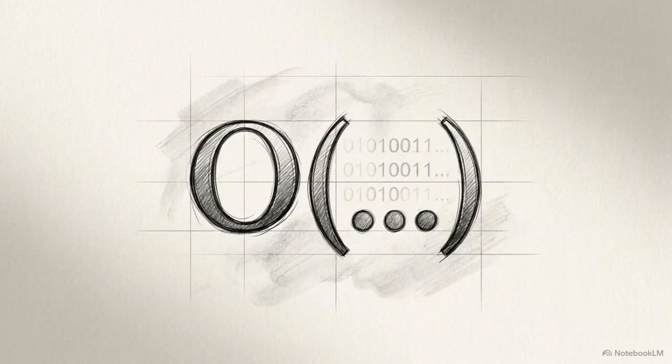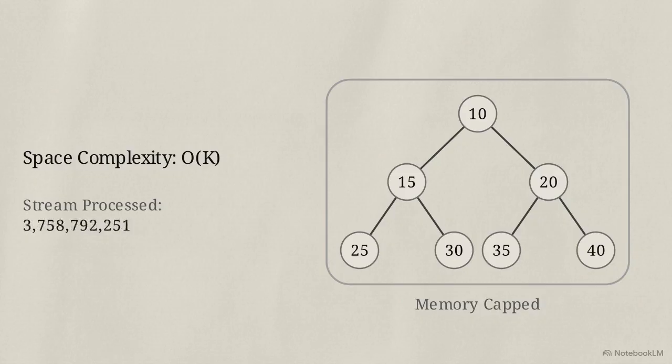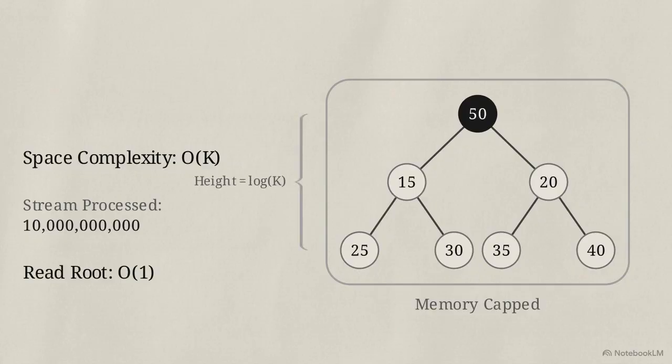This sieve logic dictates the final efficiency of the system, neatly expressed in big O notation. This diagram isolates our structure. The physical memory footprint is strictly capped. Because the heap physically rejects any elements beyond size k, the space complexity remains a perfect O of k, even if the stream eventually processes 10 billion elements. For time complexity, reading the root is a constant O of 1 operation, but when data actually passes the threshold, it triggers an insertion.